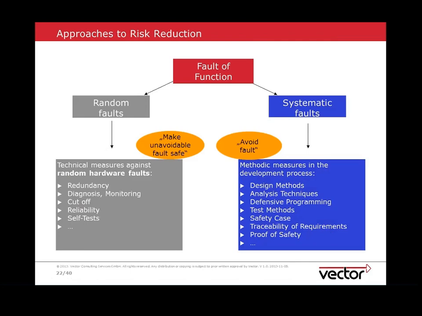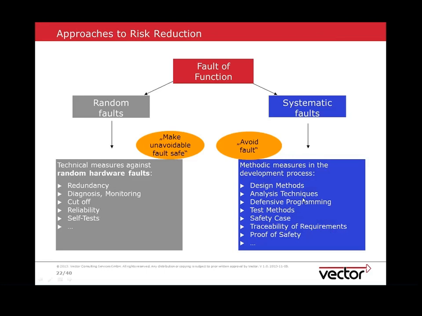There are different types of risk which we in engineering subdivide into what is random and what is systematic. Random typically translates into hardware faults where we work, for instance, with redundancy, with self-diagnosis, etc. On the software side, we see systematic defects.